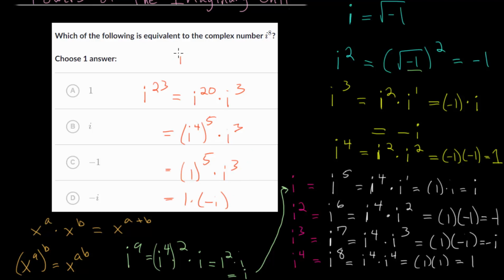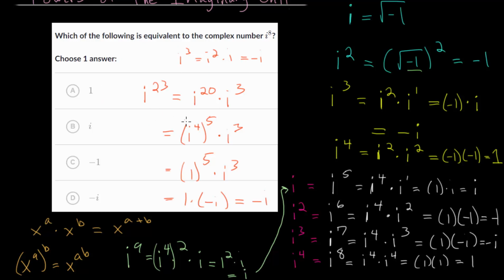Or if you want, you can even break down i cubed into i squared times i. So really, you just need to remember these 2 values, and you can rederive the rest of them from those 2. But we know i squared is -1, so this just is -i. So i to the 23rd, since we just ended up with an i cubed after we pulled out all of the i to the 4ths, this is -i.